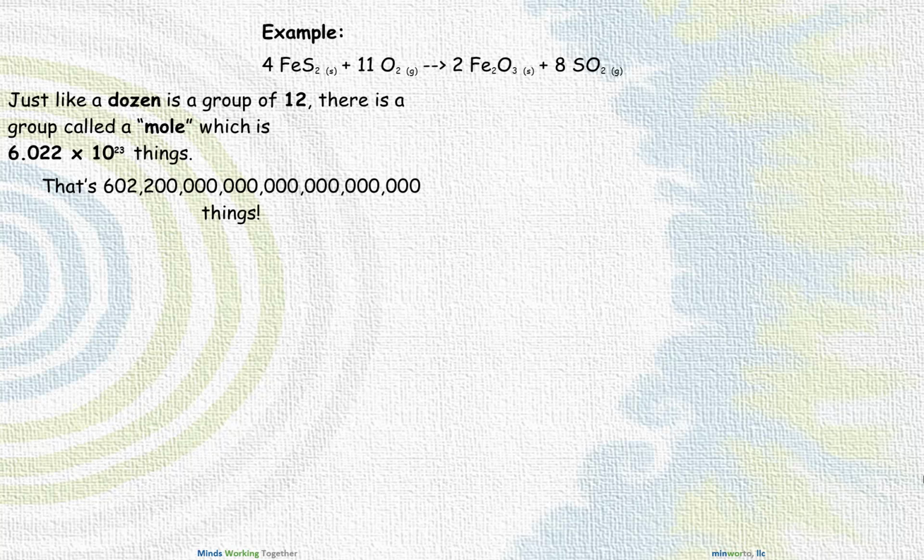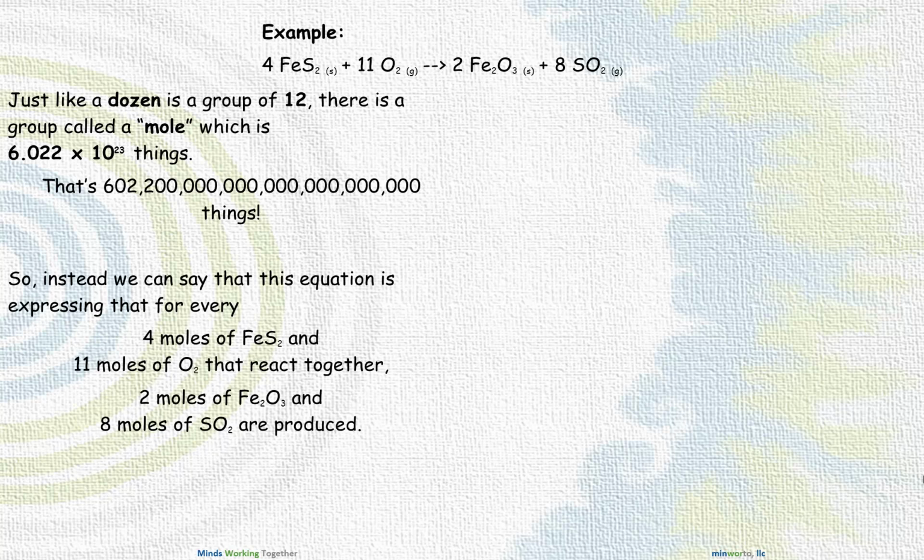Here is that number written out with all of its zeros. So instead, we can say that this equation is expressing that for every 4 moles of FeS2 and 11 moles of oxygen that react together, 2 moles of Fe2O3 and 8 moles of SO2 are produced.